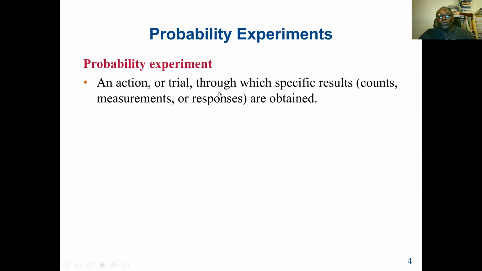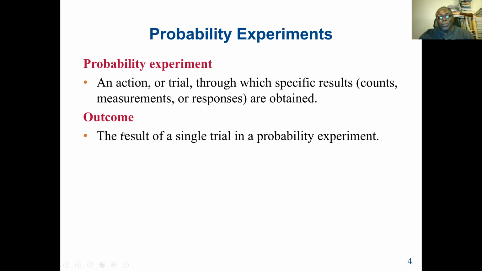So first we will go through some terminology. Our first term is probability experiment. A probability experiment is any action or try through which specific results, based on counting, measurement, or responses, are obtained.